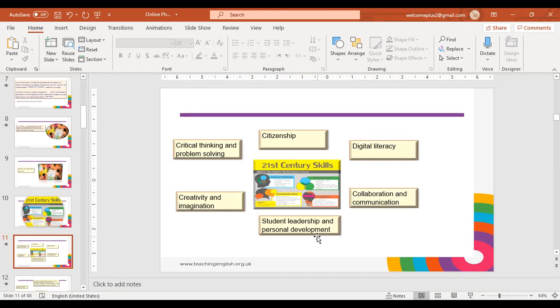This is an important skill that we need to focus on these days to help the students to work at their own pace or depend on themselves to find the information and try to answer the questions that they have. And creativity and imagination, not only creativity in the ideas but imagination to help them to draw or depict the thoughts that they have in their minds.